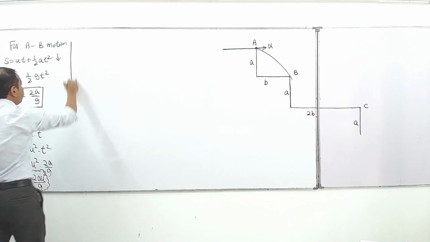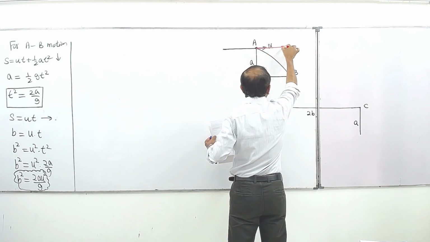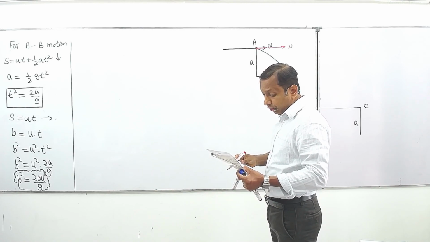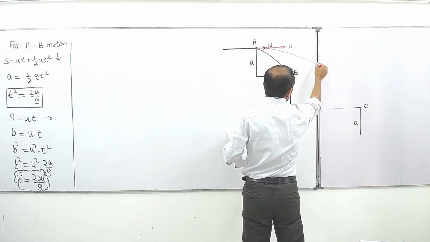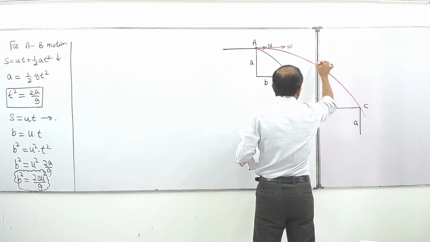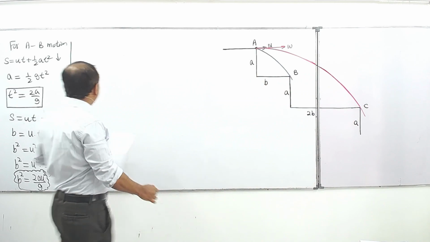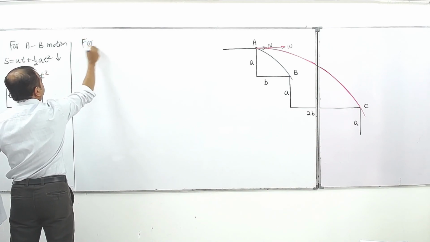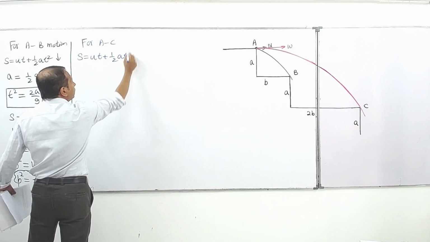Right. Secondly, the same particle is projected from A horizontally with velocity w, and it passes through the point C. Then for AC motion, we can put S equals ut plus half at squared downward, right?